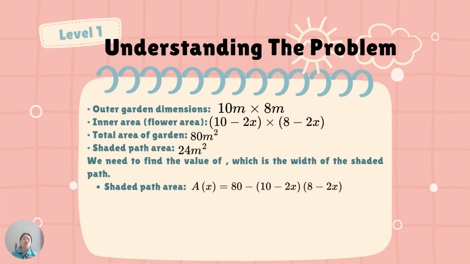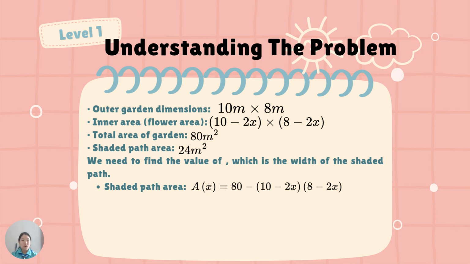So where does the 2x come from? The 2x in width comes from the sum of the upside path and downside path. The 2x in length, which is 10 minus 2x, comes from the sum of the left side path and the right side path.